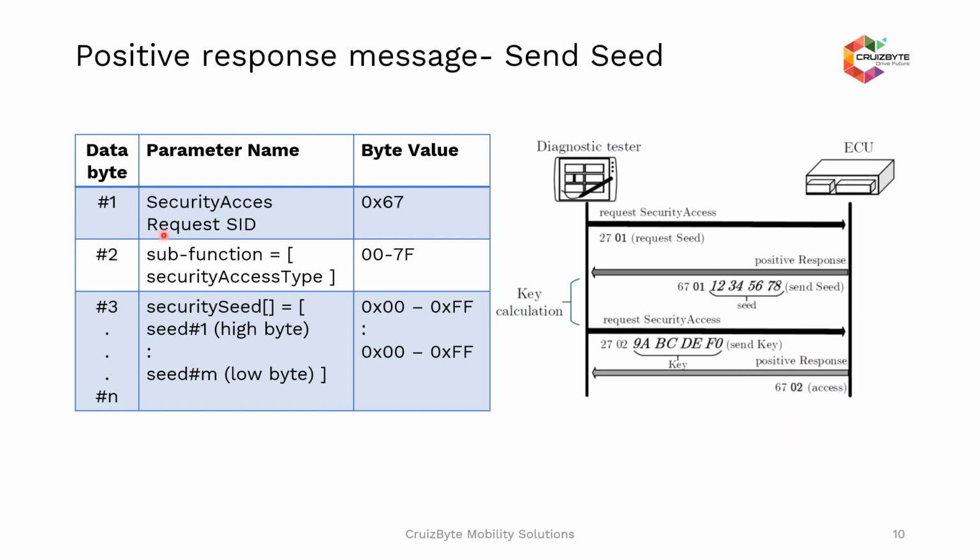So let us look into the details of the positive response message. As we discussed previously, the request is 2701 and the response is 6701 with the seed value, which is calculated by the ECU and sent back to the diagnostic tester for key calculation.